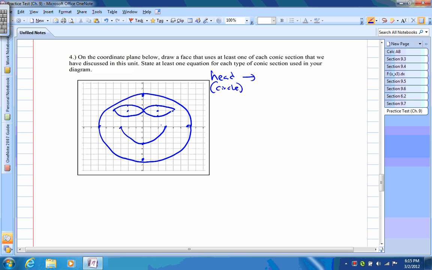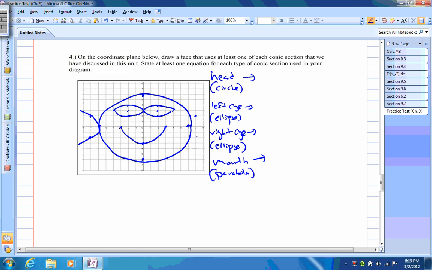So the left eye will be an ellipse. Right eye will be an ellipse. The mouth will be a parabola. And then we do need a hyperbola somewhere, so let's use the ears to be hyperbola.